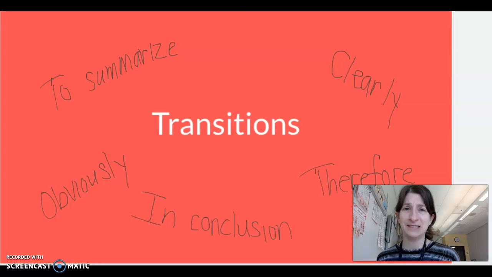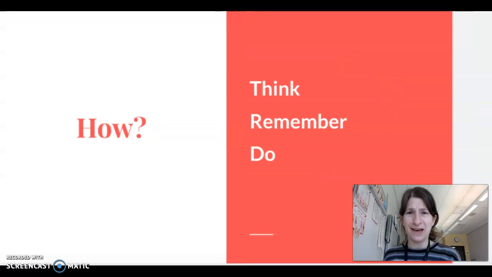Now, let's think about what kinds of conclusions or how we could do this. Well, I like to think about it like this. What do you want the reader to think about? What do you want them to remember? Or what do you want them to do? So sometimes it's important just to think about something, maybe ask a question at the end.